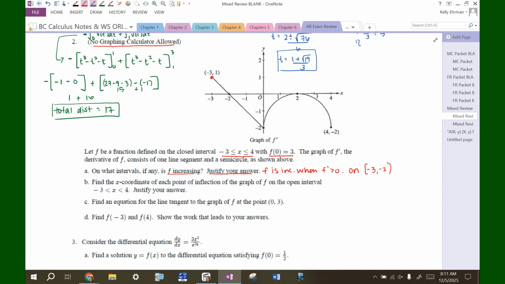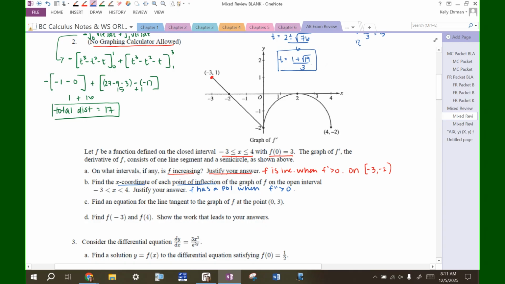Part B. Find the x-coordinate of each point of inflection on the graph in the open interval negative 3 to 4. Justify your answer. So f has a POI when f double prime is positive. I don't have f double prime information, though I have f prime information. So how does f double prime being positive relate to f prime?